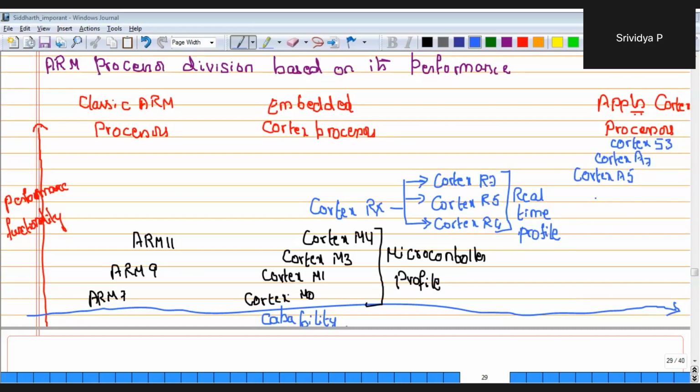Apart from this, we also have Cortex A15, Cortex A57, and Cortex A7. Remember, Cortex A5, Cortex A7, and Cortex A53 have high efficiency, whereas Cortex A15, A17, and A57 have high performance.